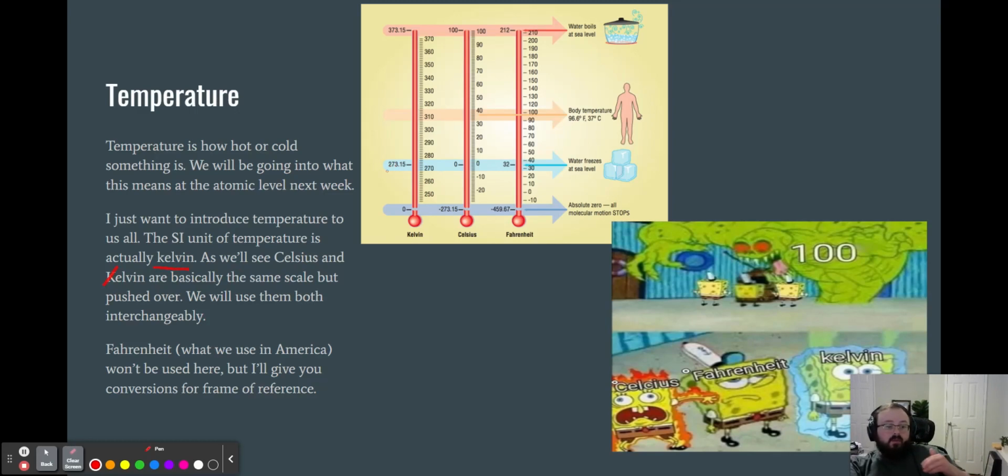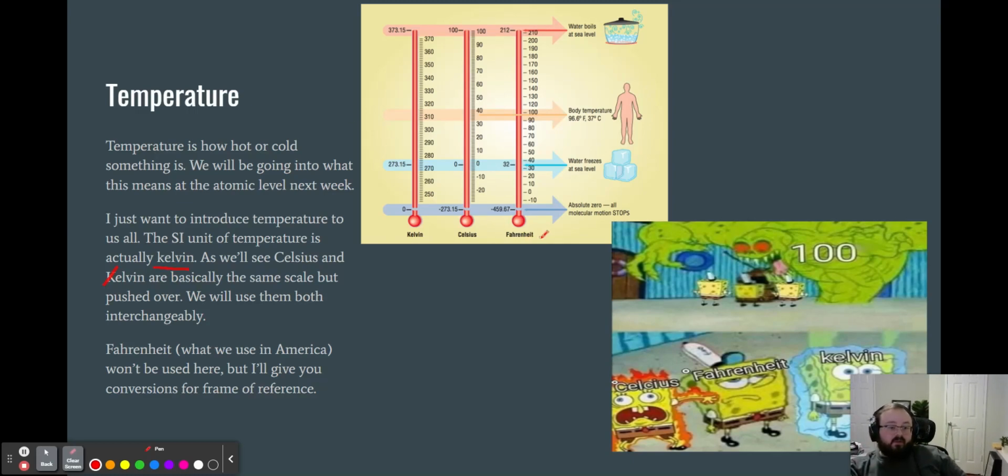So what I mean by that same scale is if you take a difference of 10 degrees Celsius and a difference of 10 kelvin, at the definition level, those are the same amounts. The actual value will be different, but the amount of change is the same. That's probably pretty complicated. So just note that for most things we can use Celsius and Kelvin interchangeably.